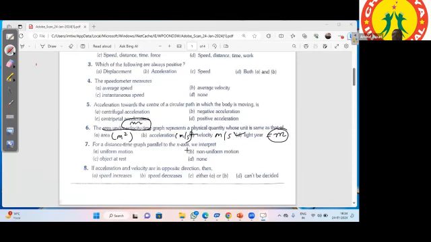For a distance time graph parallel to the x-axis, what do we interpret? Read the question again: you have a distance time graph parallel to the x-axis.